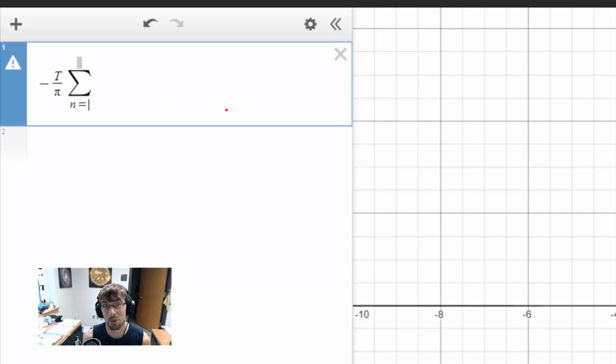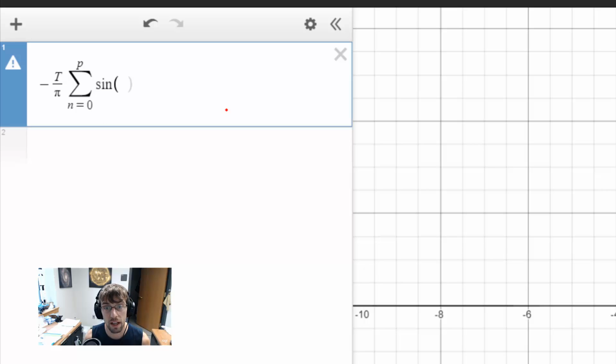And now Desmos requires, I can't choose p, so I'll just use n. It's a dummy variable anyway. Let's take it from n equals 0 to some upper limit. I'll just give it a different variable name, let's say p, and we'll set the slider in a second. Now, what do we have inside here?